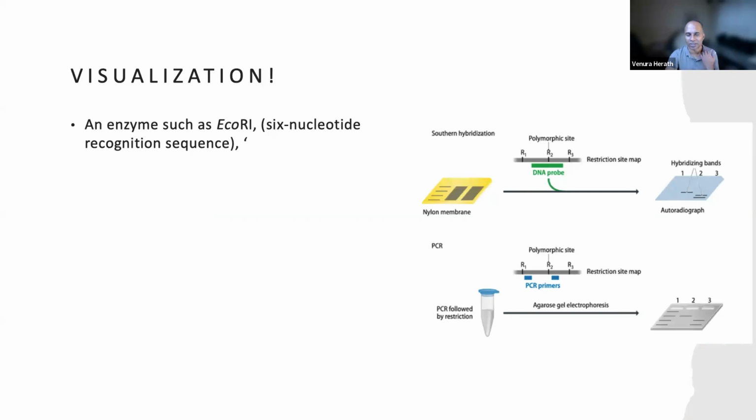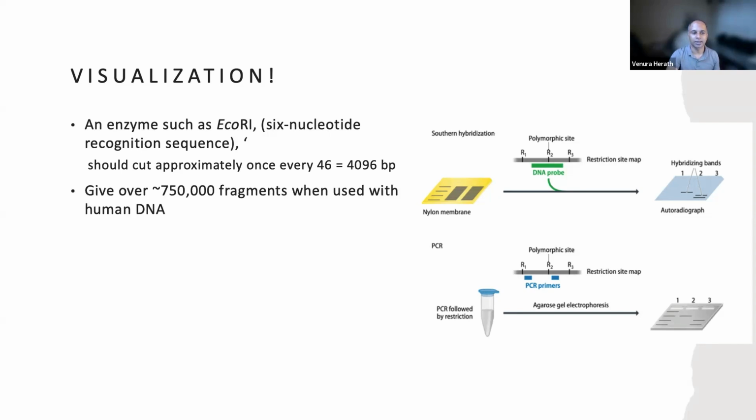If you think about the theoretical distribution of A, C, T, G, this EcoRI should cut approximately once every 4^6 bases, and each fragment should be around 4096 bases. This is going to yield around 750,000 fragments if you cut your genome with EcoRI.